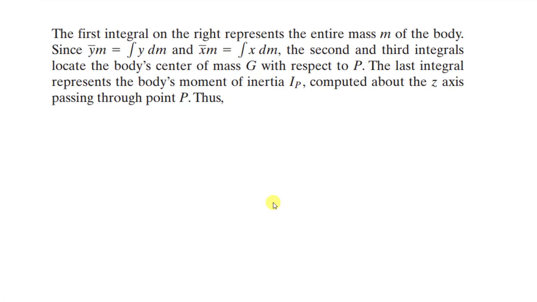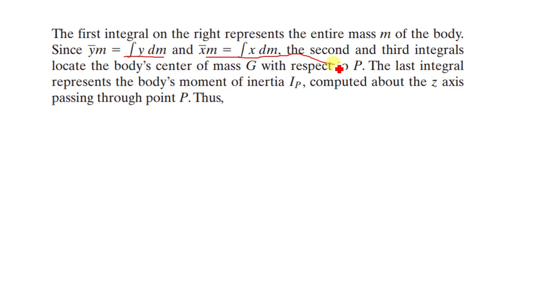So this is what I'm just talking about. The first integral on the right represents the entire mass m of the body, since this y bar m is just equal to that, and this x bar m is just equal to that.